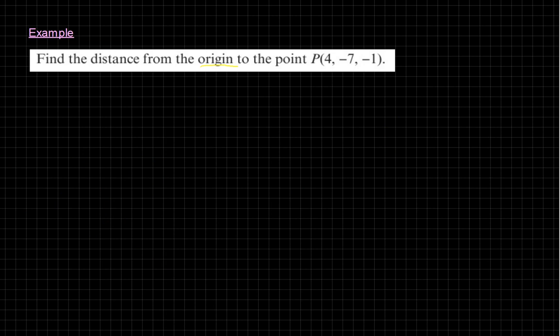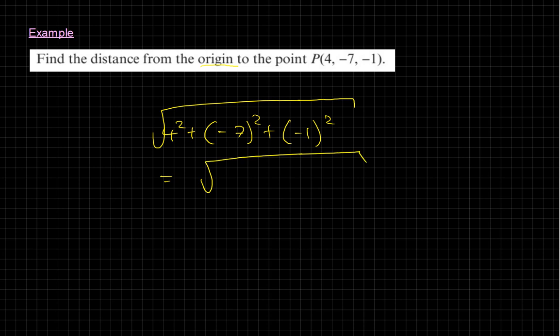So we're going to take 4 squared plus minus 7 squared plus minus 1 squared and square root it. What does that give us? See if you can beat me in your head. 66 divided by 2 is 33, so that's 2 times 3 times 11.